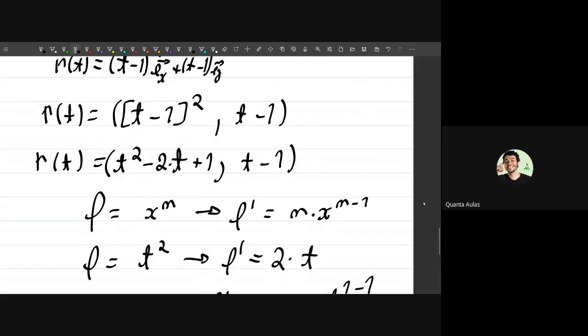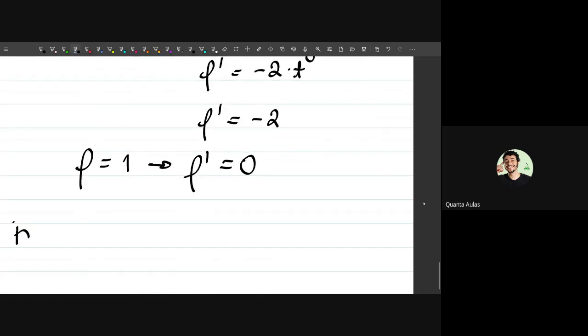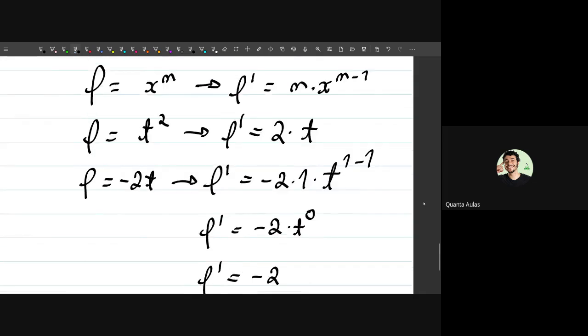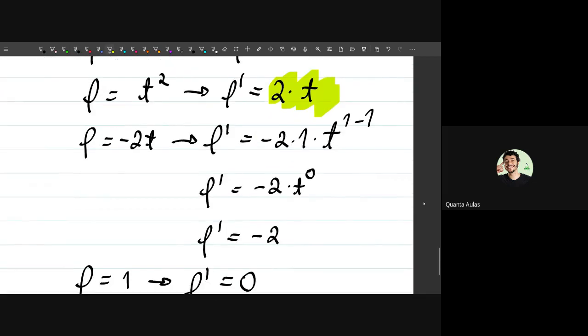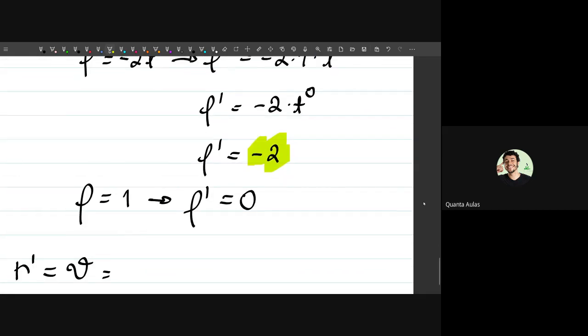So we have the derivative of r. The derivative of r is the velocity. The derivative of the position is the velocity, and the derivative of the velocity is the acceleration. So what is our derivative, our velocity? 2 times t minus 2, and 0.